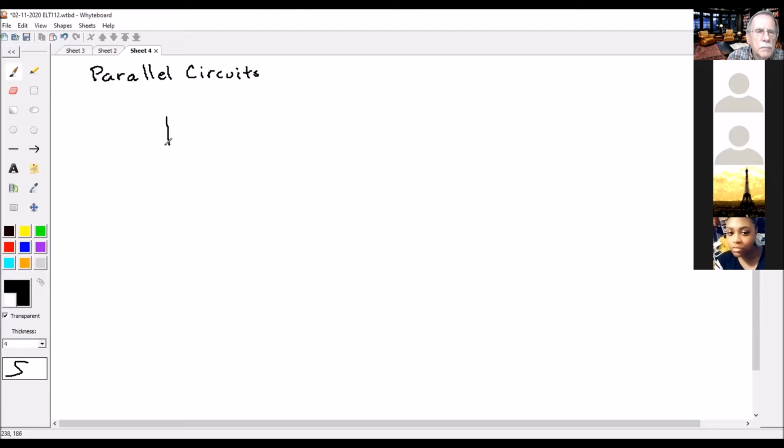If we think about a parallel circuit, I'm going to draw a 3 resistor circuit. This will apply to as many resistors as you want.